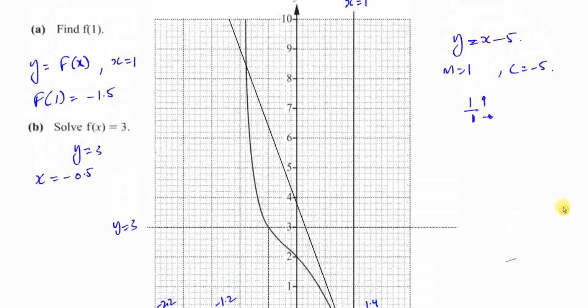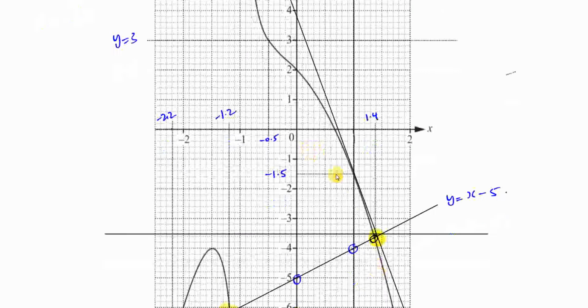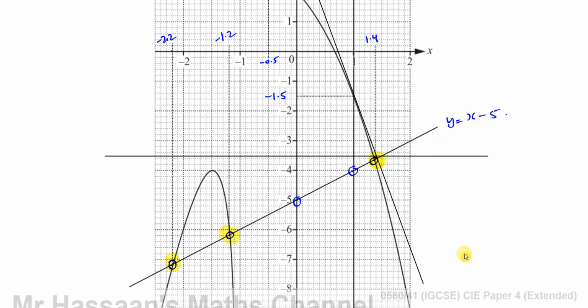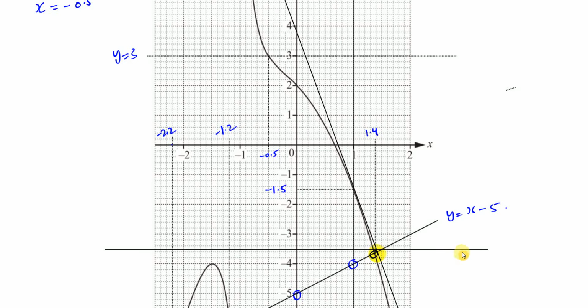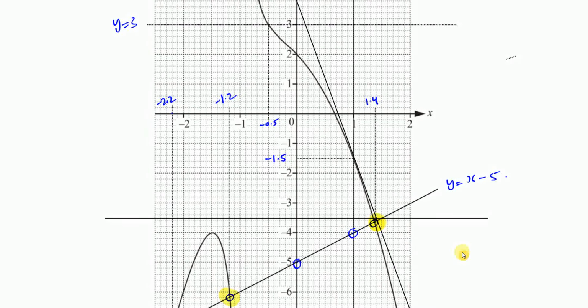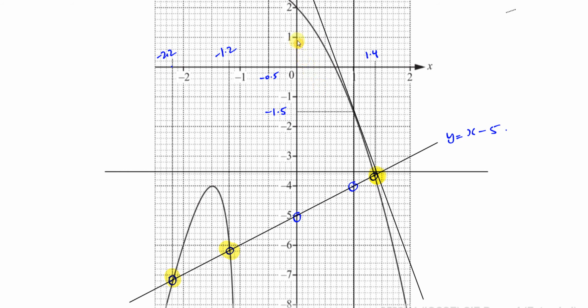So now what you have to do is find 2 points on this tangent, which are easy to read, and then use those 2 points to find the gradient of the curve. So I'm looking for some points which are on the easy side of reading. I can see there's one right here. There's one right here. That looks like it's pretty easy.